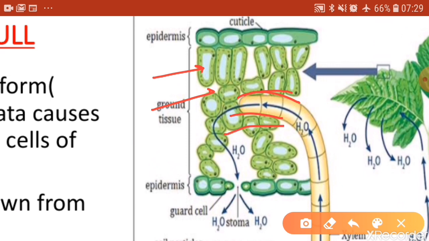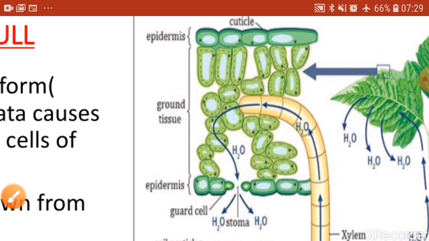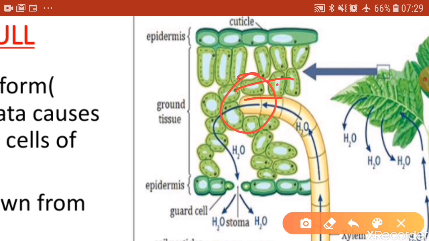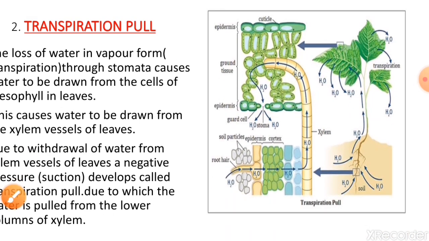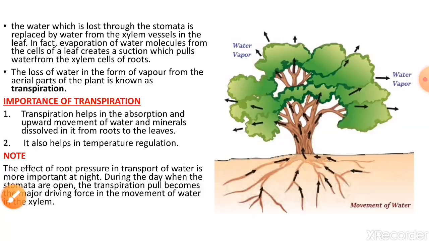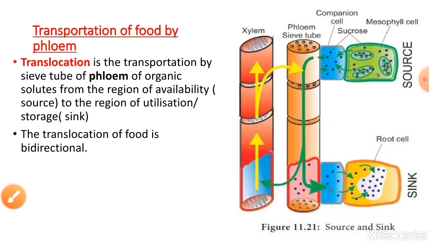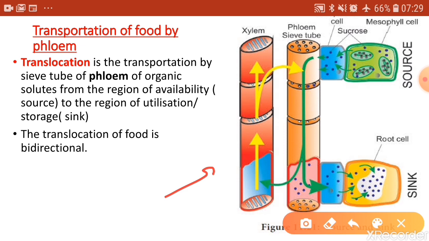Now as we are discussing the translocation of food, we have to discuss the role of phloem. A small portion of this region with the xylem and the phloem is being shown in the diagram that you see here.